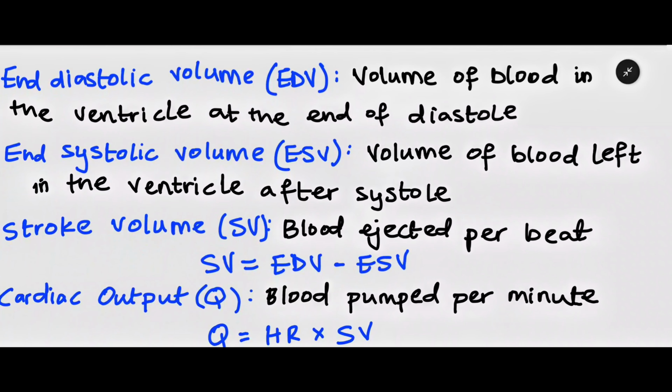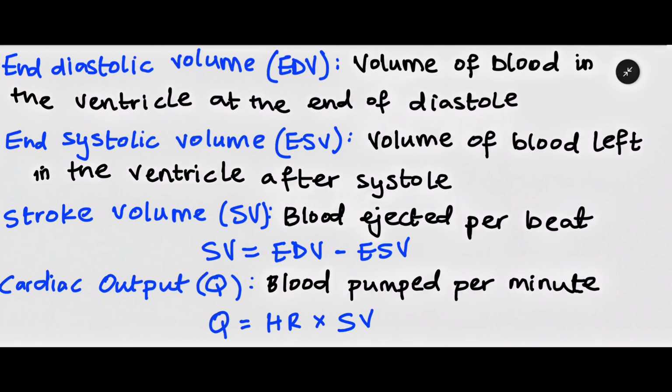Next, we have these definitions. End diastolic volume is the volume of blood in a ventricle at the end of diastole. Remember, diastole means the process where the chamber opens up and fills up. So this is the volume of blood in the ventricle at the end of filling up. End systolic volume is the volume of blood left in the ventricle after systole, so after contraction of the ventricle.